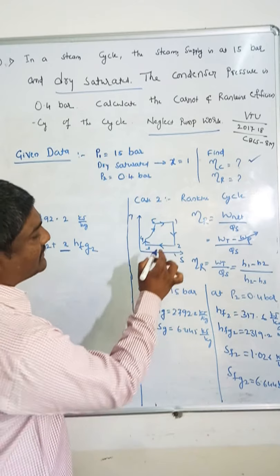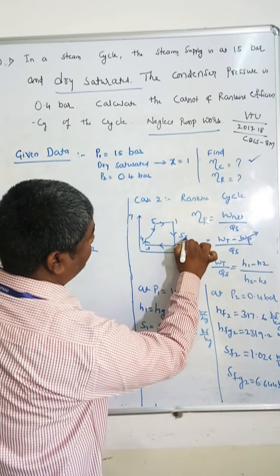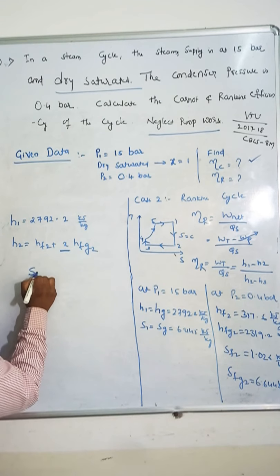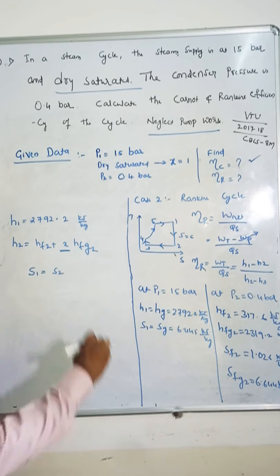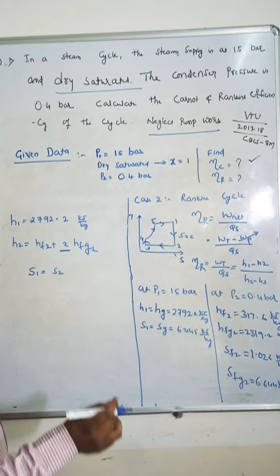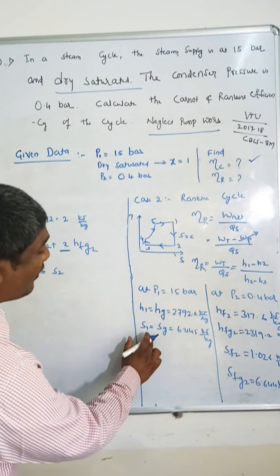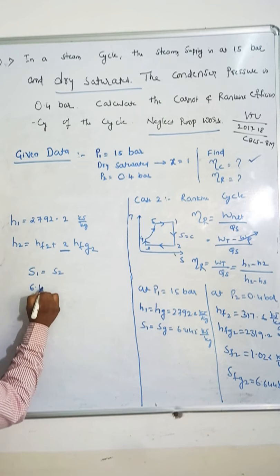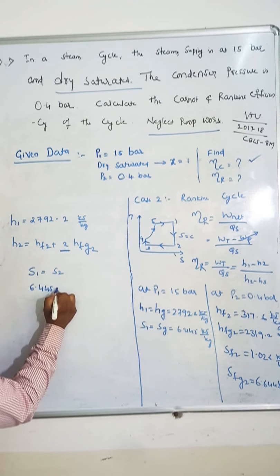But you know this 1, 2, which process is it? Isentropic process. Means entropy is constant. So I can say S1 is equal to S2. Yes or no? But I have the S1 value here. S1 is how much? 6.445.